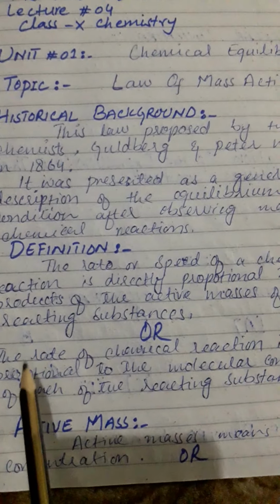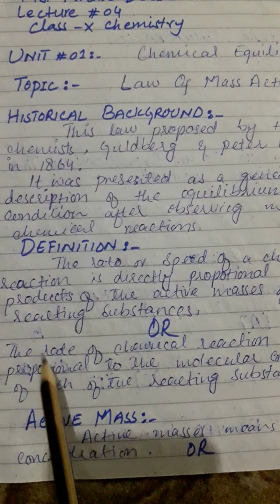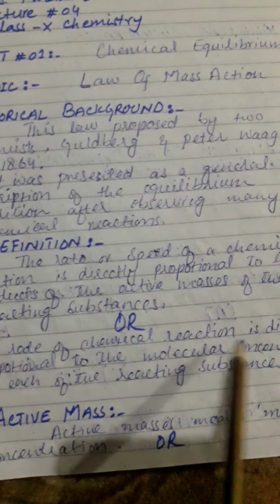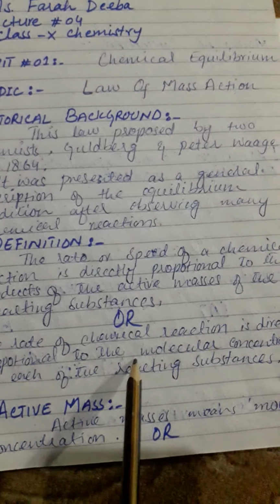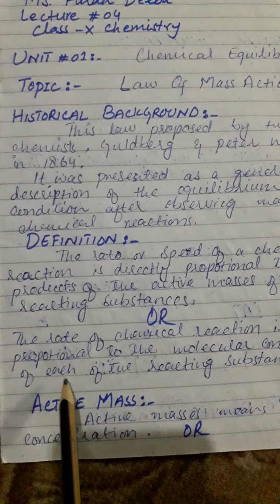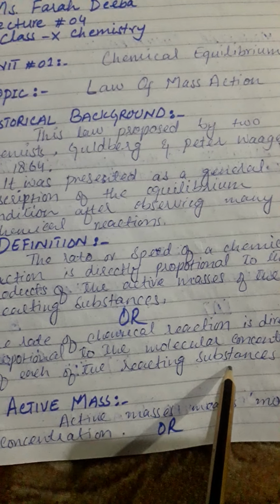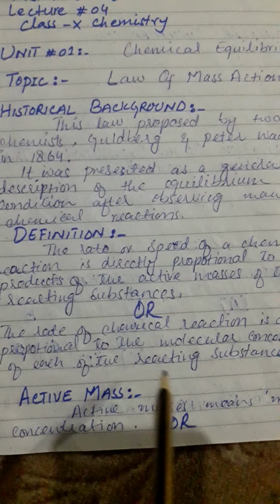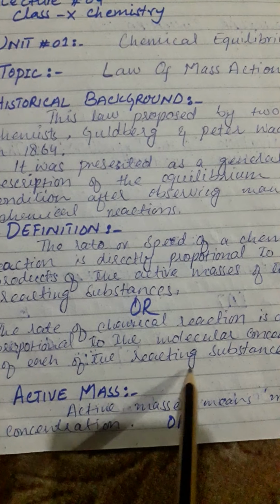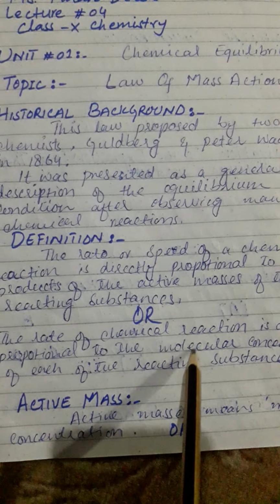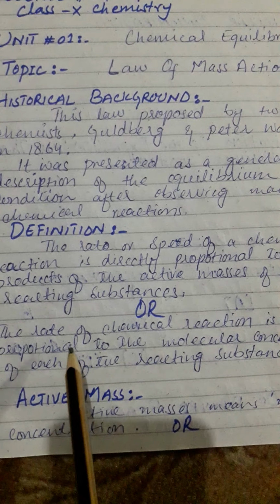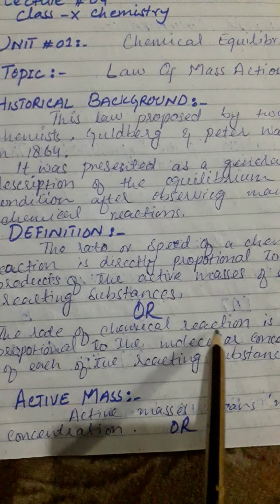This is the second form of this definition. The rate of chemical reaction is directly proportional to the molecular concentration of each of the reacting substances. It means that in any reaction, if there are two or more reactants, the molecular concentration of those reacting substances will be directly proportional to the rate of chemical reaction.